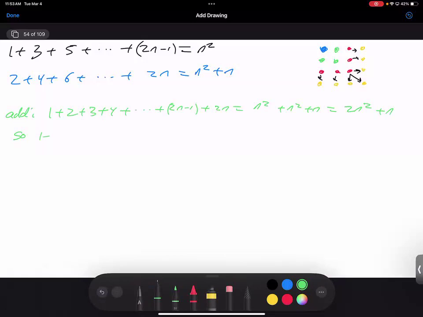So 1 plus ... plus m equals, let's let m equal 2n, is going to be 2n squared. So if m is 2n, n is m over 2. So n squared is m squared over 4. So this is going to be m squared over 2 plus m over 2, which is m plus 1 over 2.